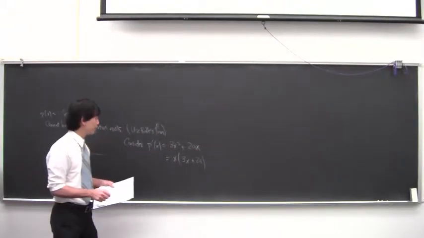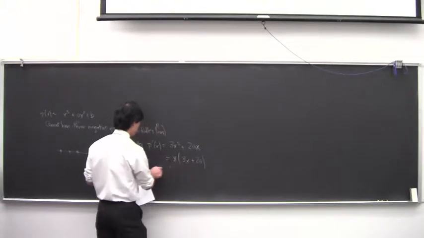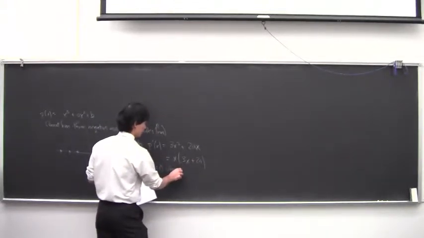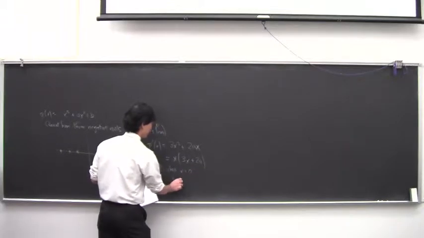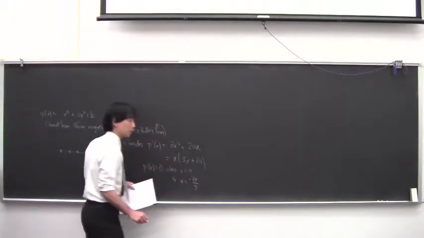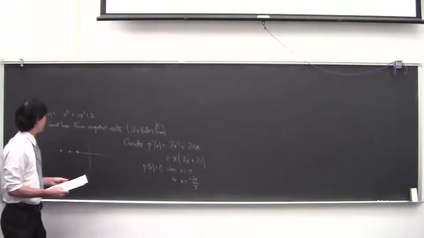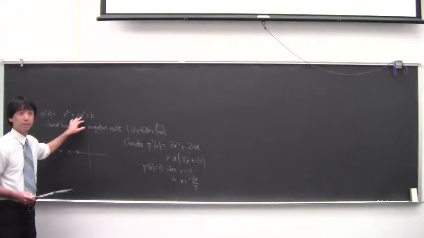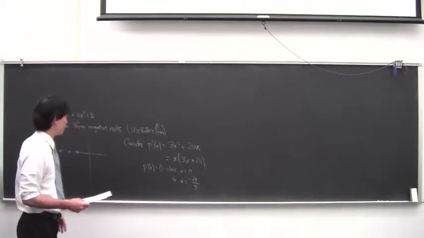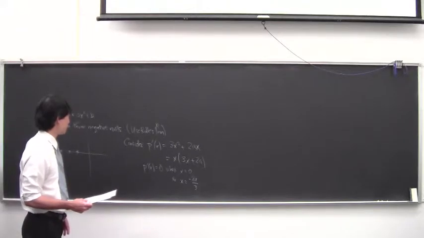And so p prime is 0 when x is 0 or x equals negative 2a over 3. And did they give you that a was positive? Did they give you anything about a? No. Okay.